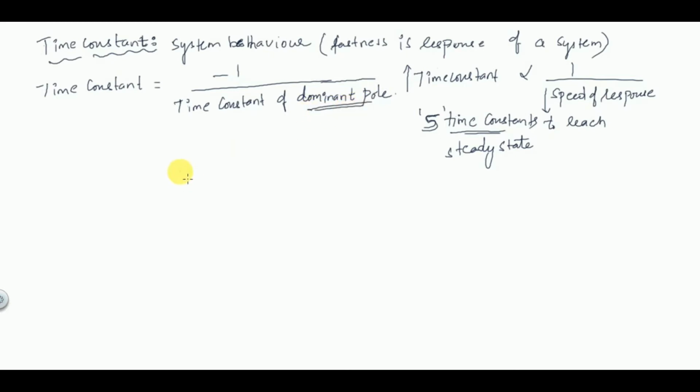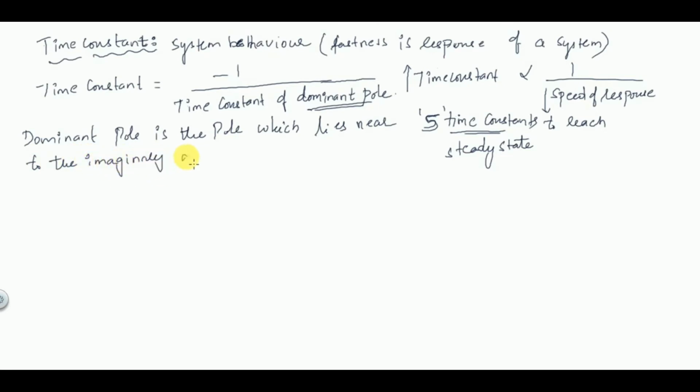The dominant pole is the pole which lies near to the imaginary axis on the S-plane. It is having the highest time constant.